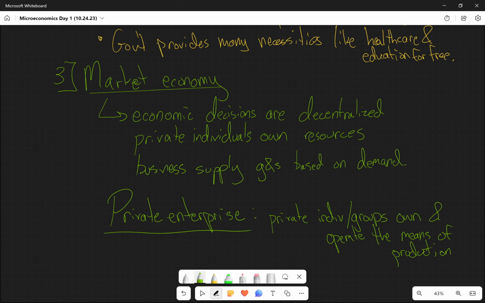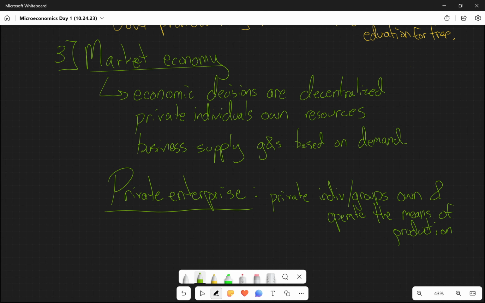What do we mean by means of production? We're talking about the factory, the desks, the assembly line, the robots, all of that. They own and operate them according to their own whims and desires.